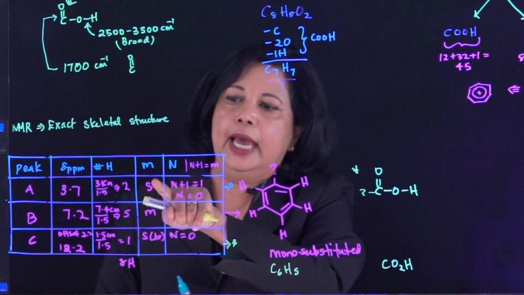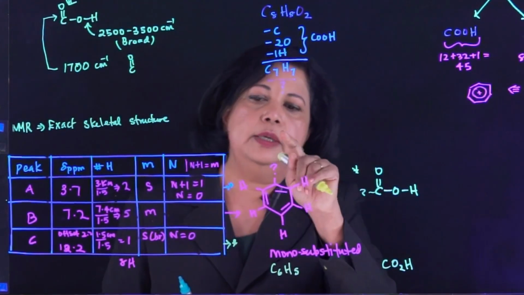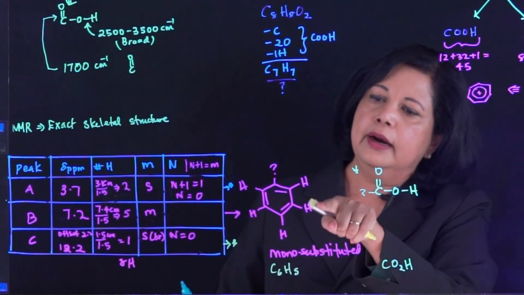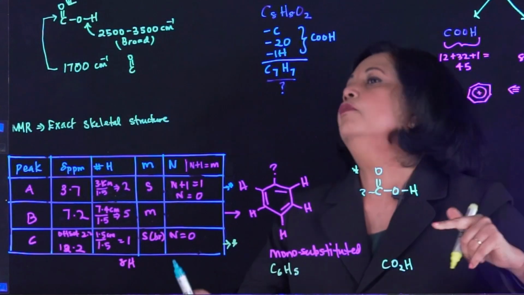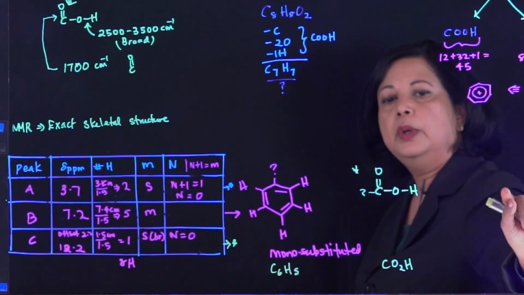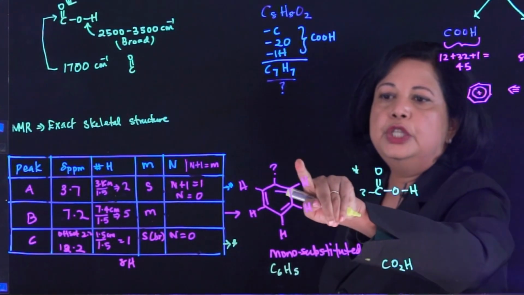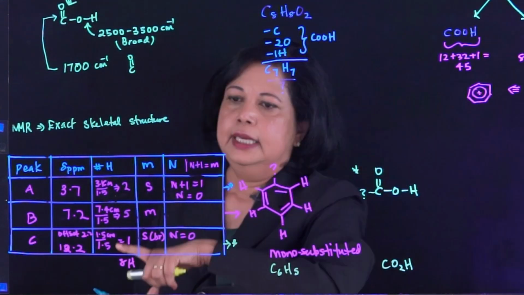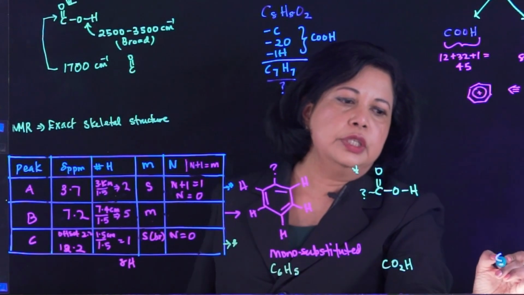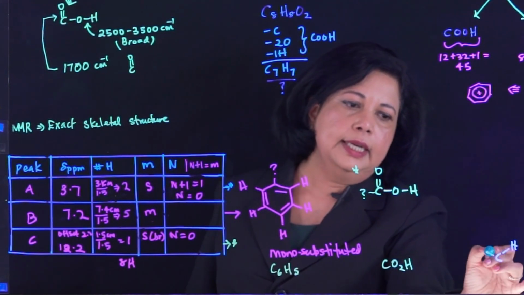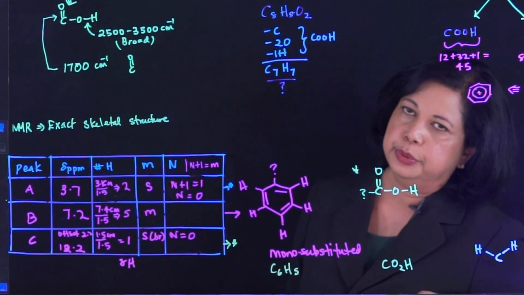Well, that should come probably in between, because we cannot have any other substituents on the benzene. Carboxylic acid is a cap functional group. That means you can't put it anywhere after this. So it should come in between here. Singlet, 2 hydrogens. So if you have 2 hydrogens on a carbon, that is going to be a CH2.